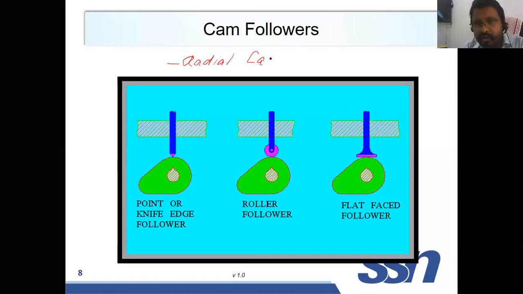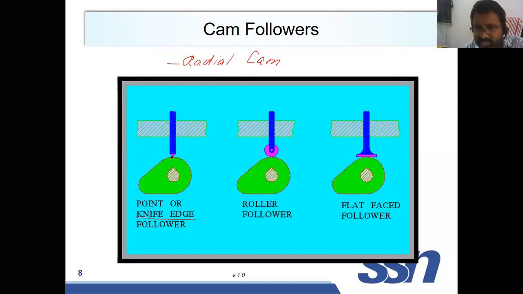All these are called radial cams. The follower is different for each case. In the first case, the follower is called a knife edge follower. It has got a sharp knife, like a pinpoint.